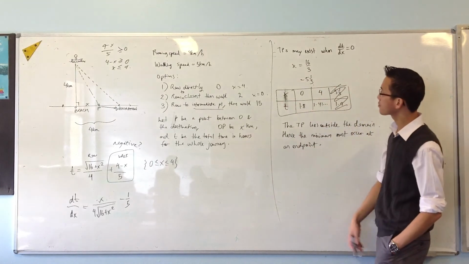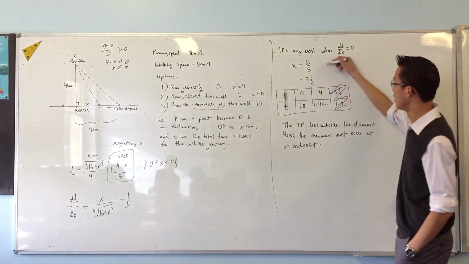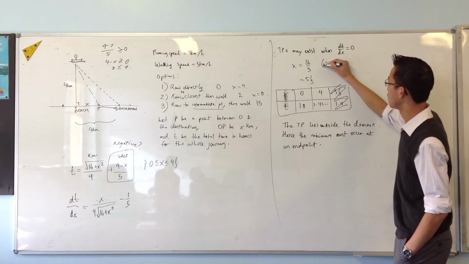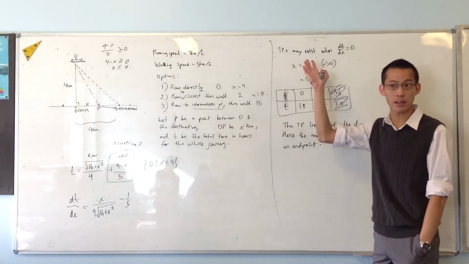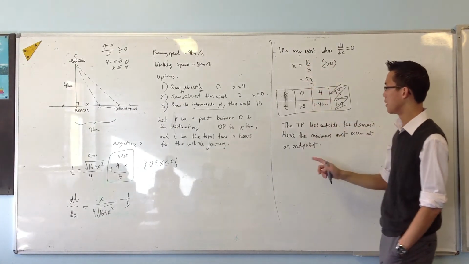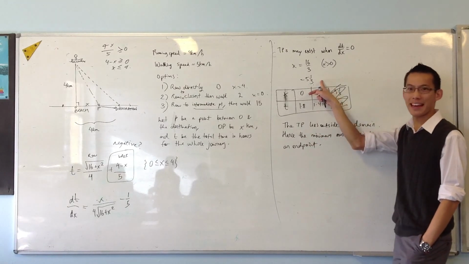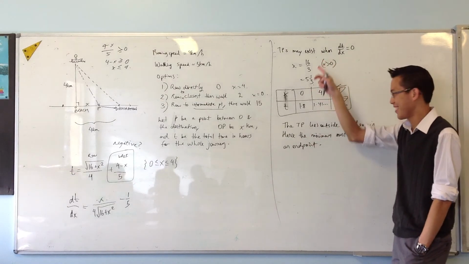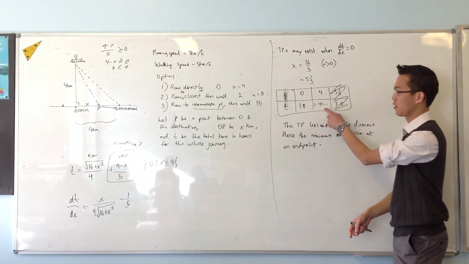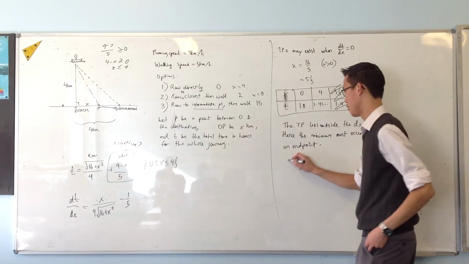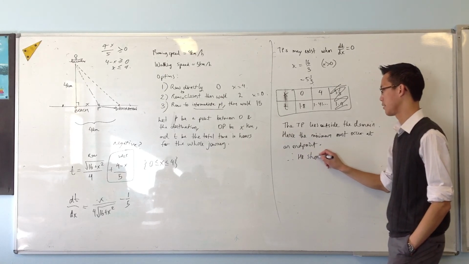Just like this value here, you had to be careful because you had to say x is greater than 0, because you actually get two values, a negative when you take the square root, right? In the same way, this answer doesn't make any more sense than the other answer. So then you come back to this, you look at these two and you're like, well, this one's better, right? Therefore, he should row directly to the destination.